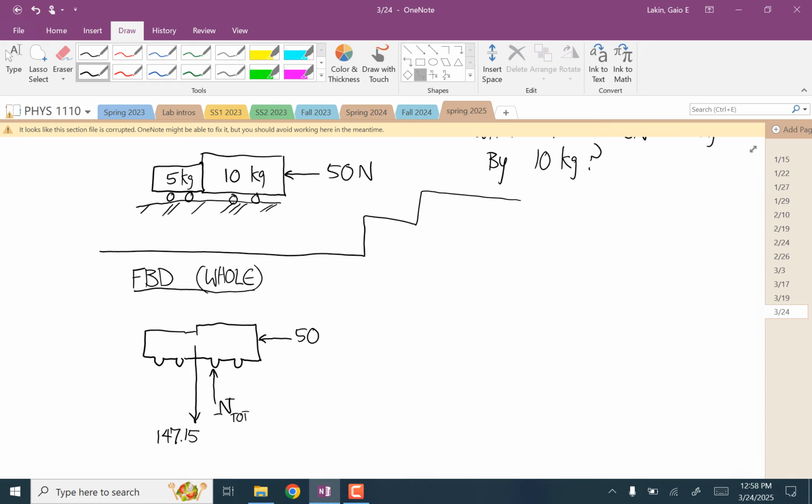Is this system free to move along the x-axis or the y-axis? X, yep. So the acceleration vector we're going to call A, 0.